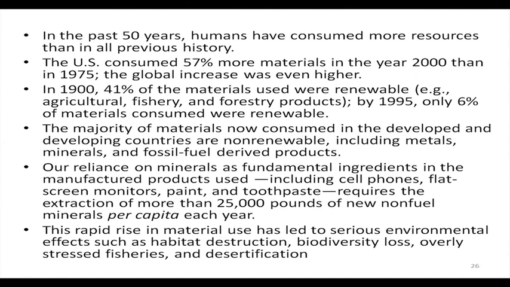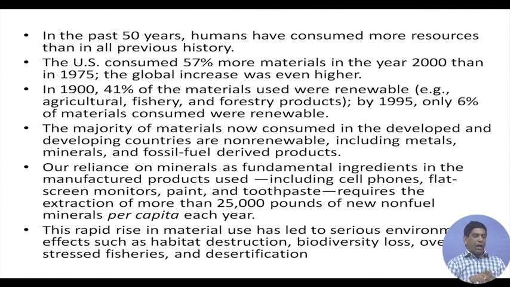We rely on these minerals a lot, especially for newer products like cell phones, flat screen monitors, paints, toothpaste. All these materials require nearly 10,000 to 12,000 kgs of non-fuel minerals per capita each year. That's around 25,000 pounds.